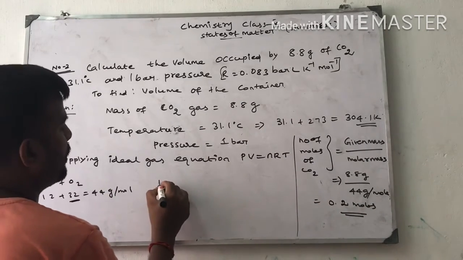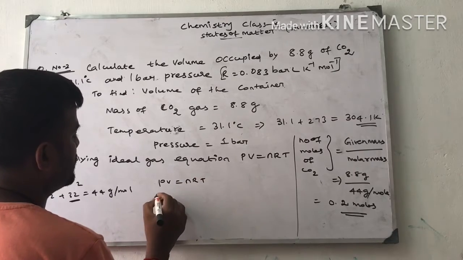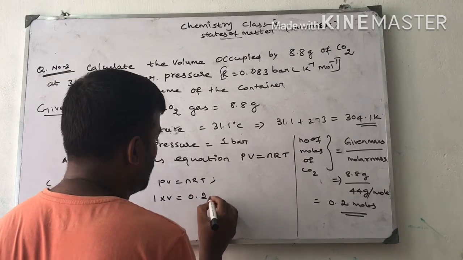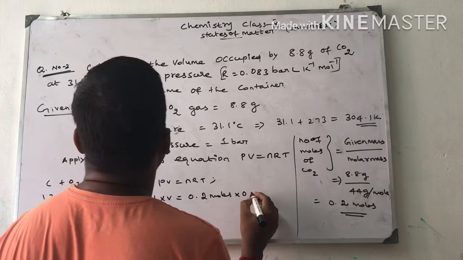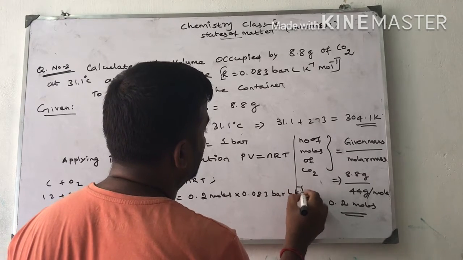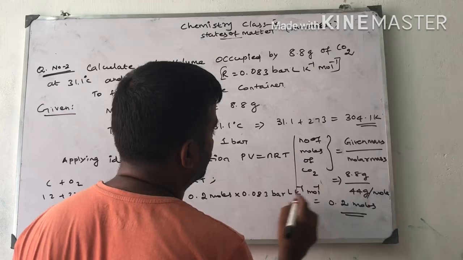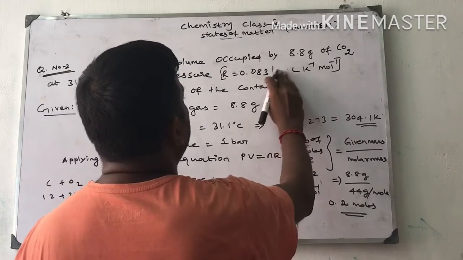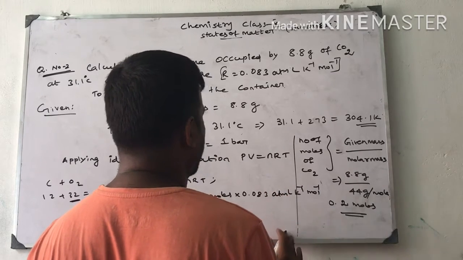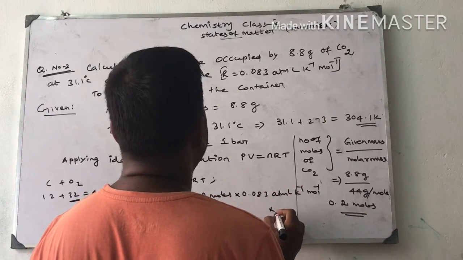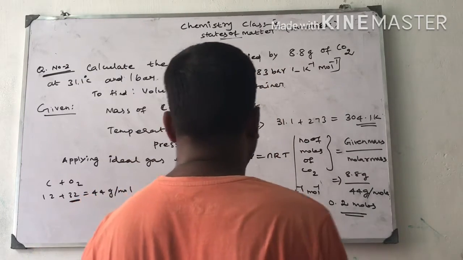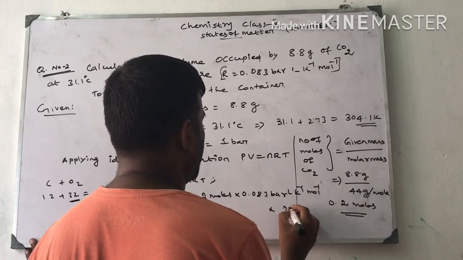Next, substitute here PV is equal to nRT, where P is equal to 1, V we don't know, and then n is equal to 0.2 moles into R is equal to 0.083 bar liter Kelvin inverse mole inverse, into next one, temperature 300 Kelvin.